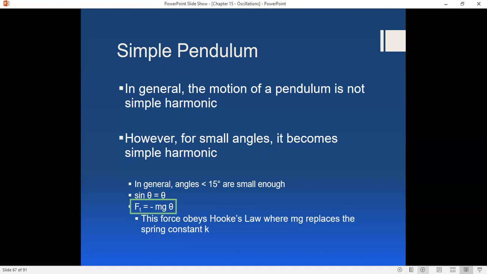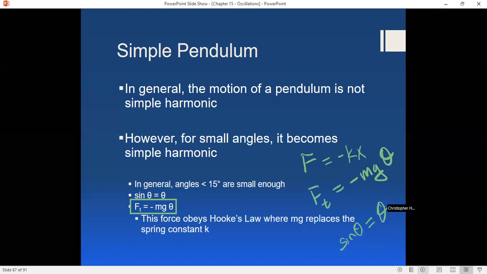Actually, it goes Ft equals negative mg sine theta, where, again, we can look at Hooke's law. F equals negative kx, and see how similar this equation is to that? Okay, and again, we got here by replacing sine theta, which would be sitting right where theta is, with theta. So instead of having this k constant right here, the constant becomes mg.